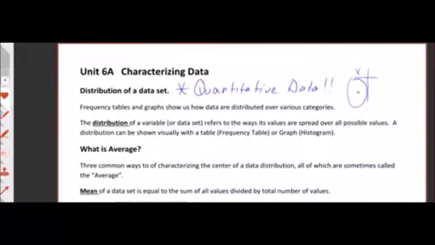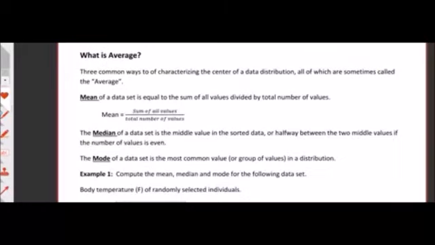So we'll start off with the very first calculation we can make, which is the average. The word average takes on several meanings and can be misleading depending on which of these values you use. So it's used so often that we're going to study the three common ways of characterizing this average, or it's sometimes called the center of a data distribution.